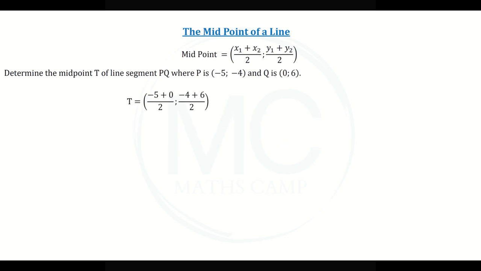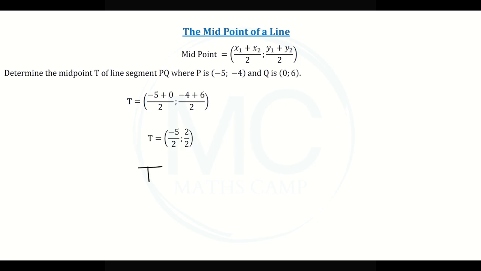Now we can simplify the terms in the numerators of the fractions. So we say T is equal to -5 plus 0. Let's open a bracket. We get -5 over 2. For the y-coordinate, -4 plus 6 is 2. So we get 2 over 2. And now we can simplify the fractions.